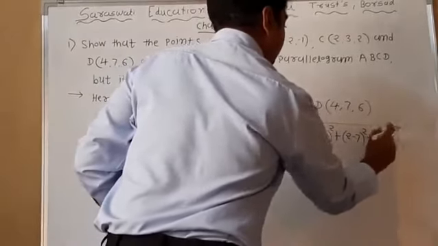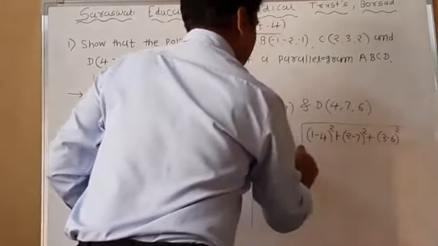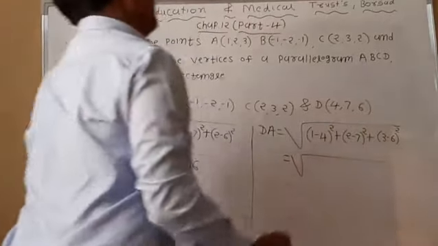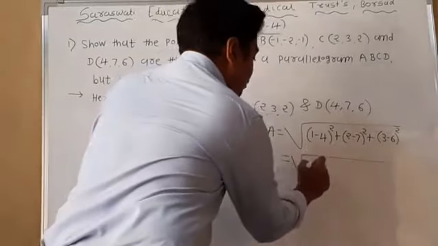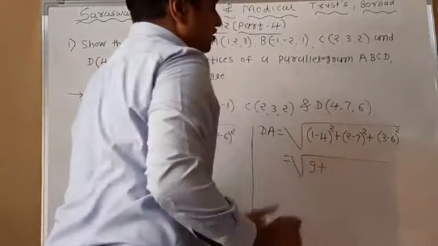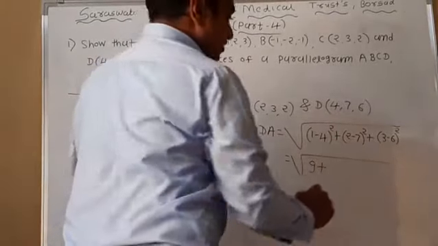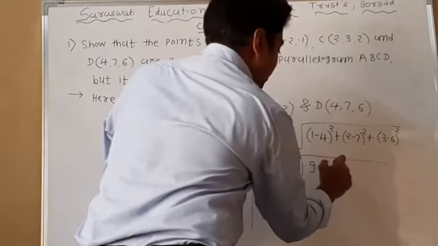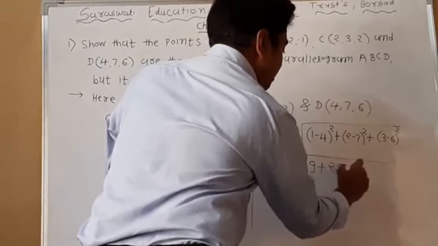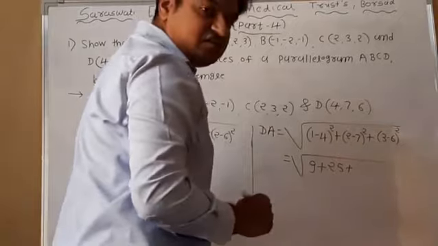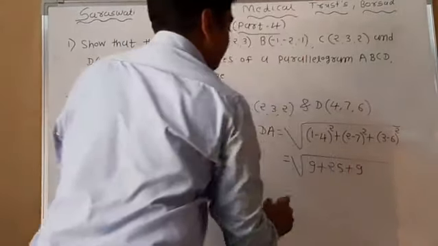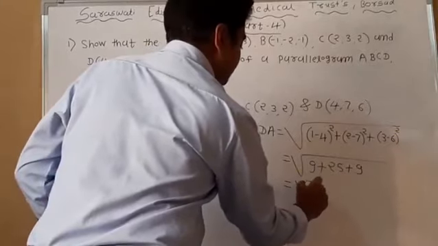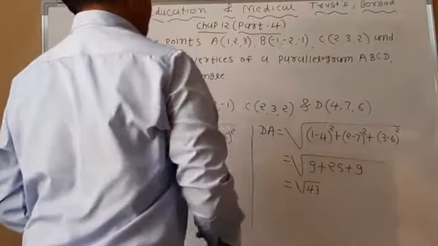So it is equal to the square root of (-3) whole square, which is 9, plus (-5) whole square, that means 25, plus (-3) whole square, which is 9. Now add these numbers, so again we get 40.